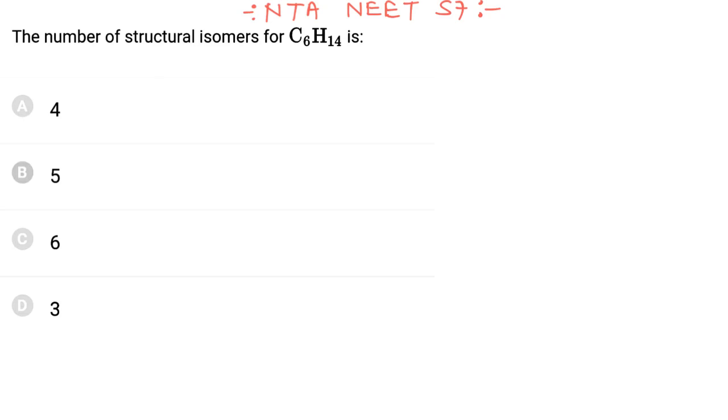Now the first question: the number of structural isomers of C6H14. We can learn simply: if a molecule has a total of 4 carbons, then the molecular formula is C4H10, and from C4H10 we can draw two structures. From C5H12 we can draw three structures.